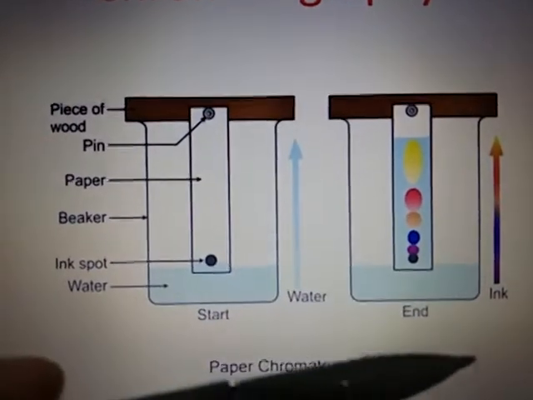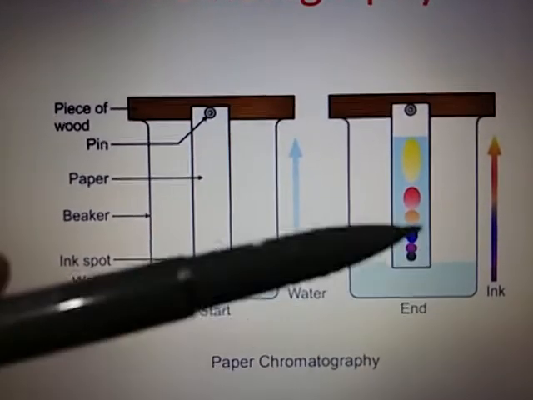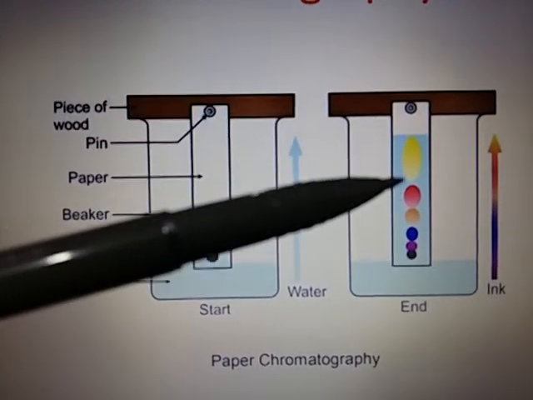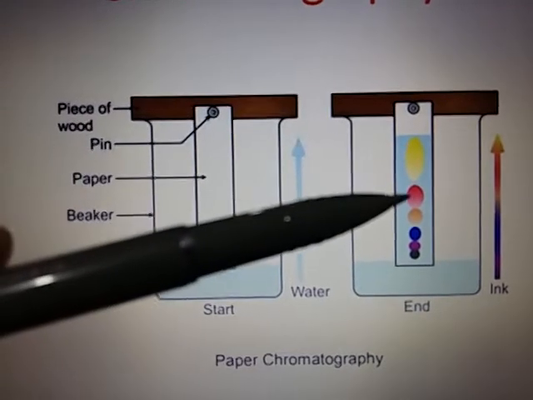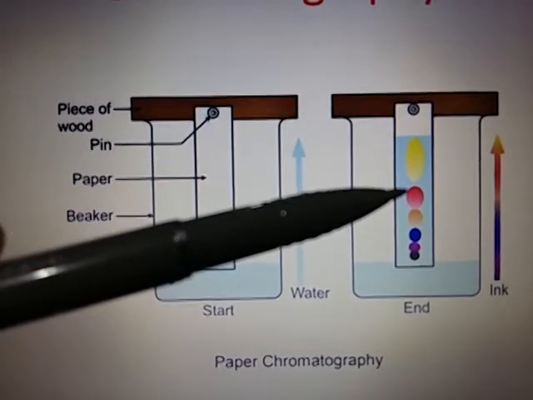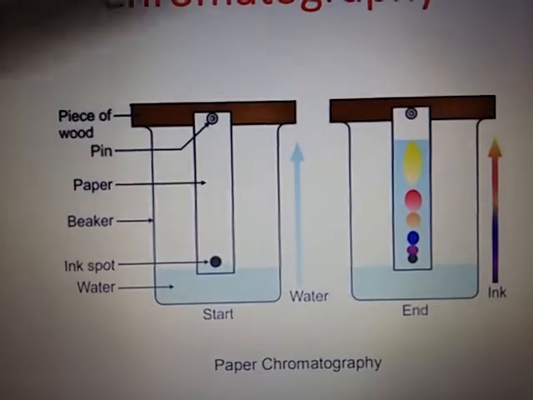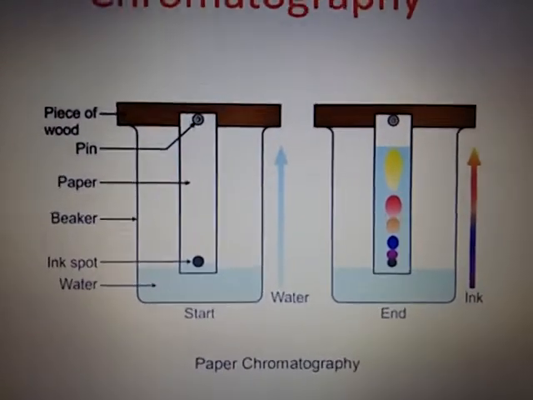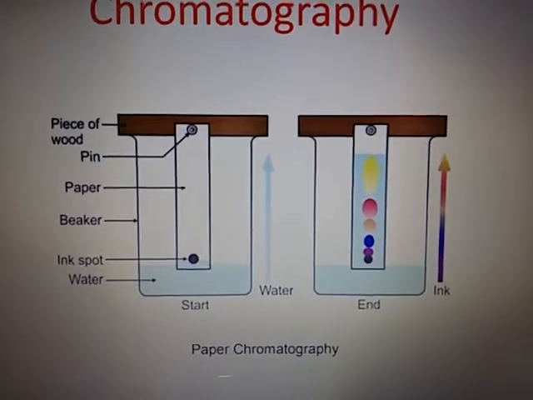So what can you say, which color is the most soluble in water? Yes, this yellow color, so it rises faster, so it gets separated here, and here red, orange, like that. So different colors get separated, right? You'll study about this in higher classes in detail.